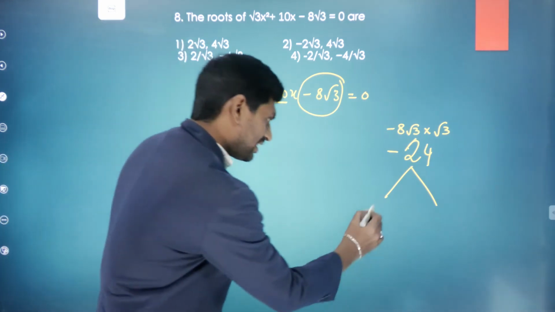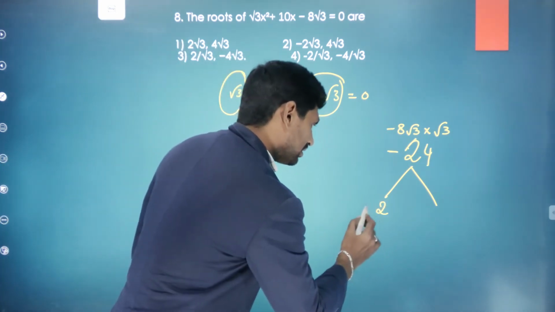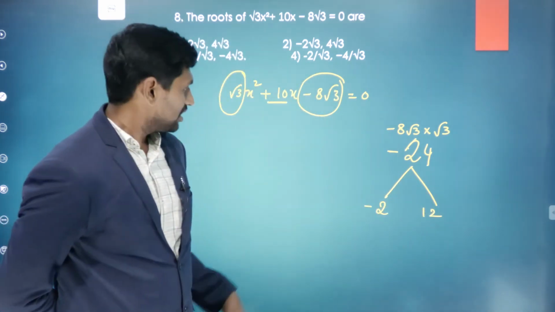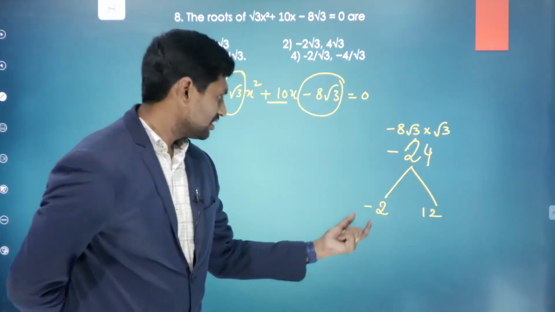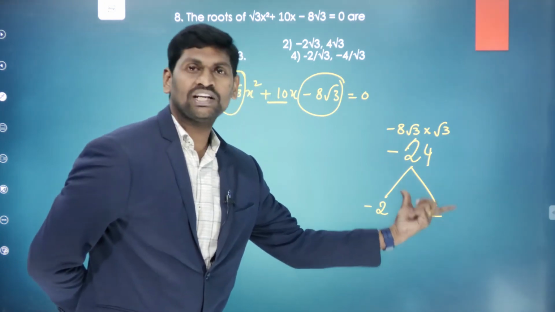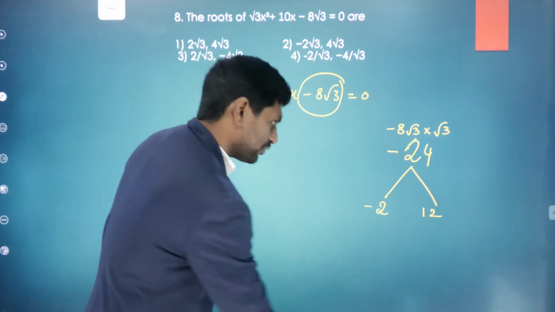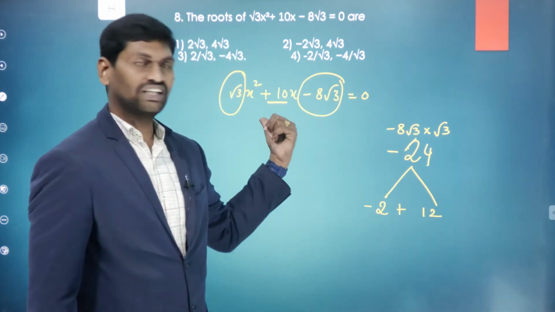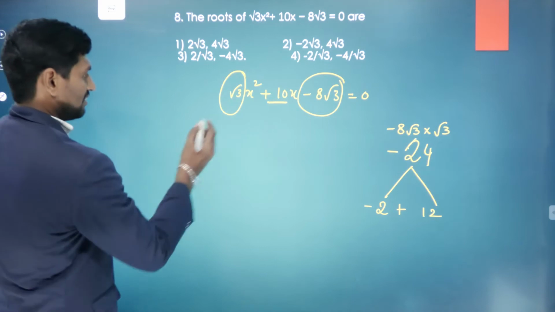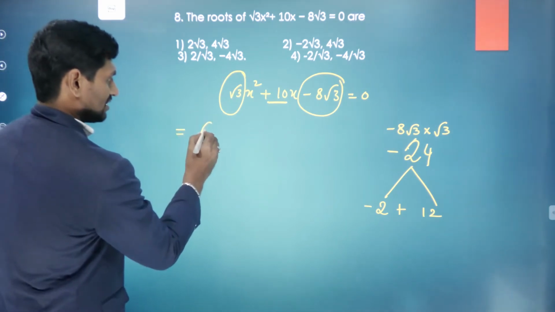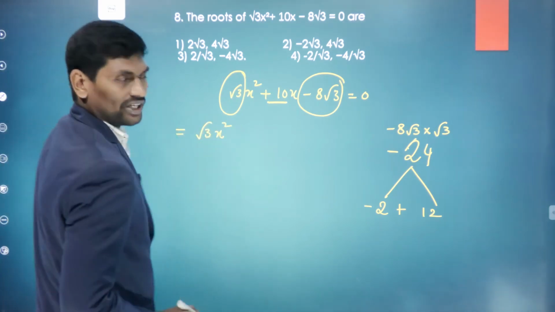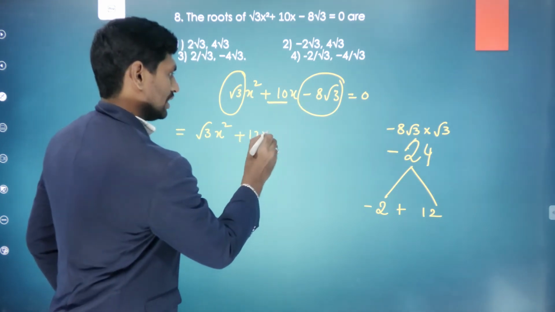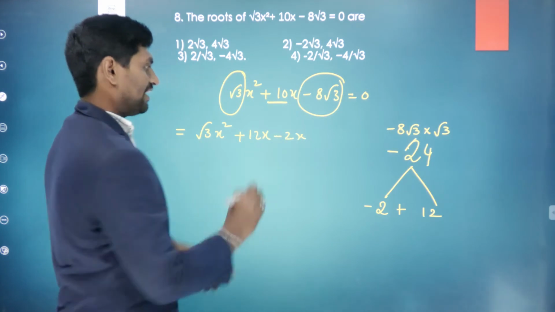So I am taking 2 12s are 24, minus 2 into plus 12 is minus 24, and if you add both of them, minus 2 plus 12 is 10. That means we are splitting the middle term. This 10x I am writing as 12x minus 2x. Can we write like this?